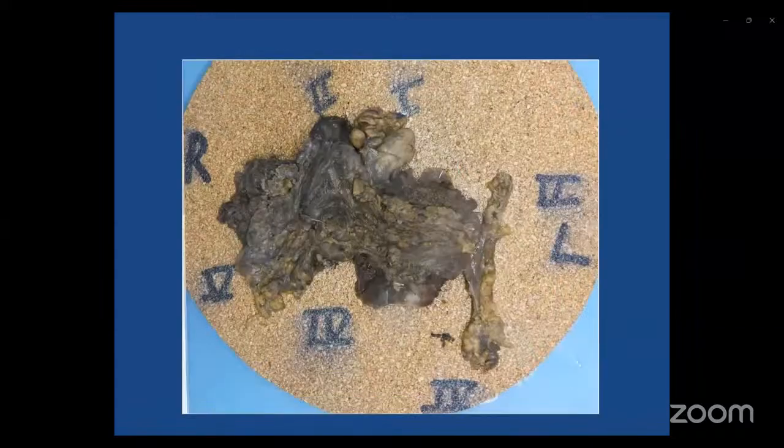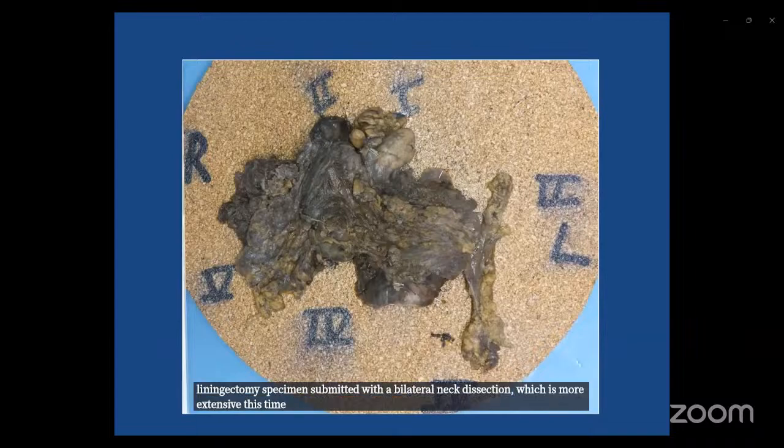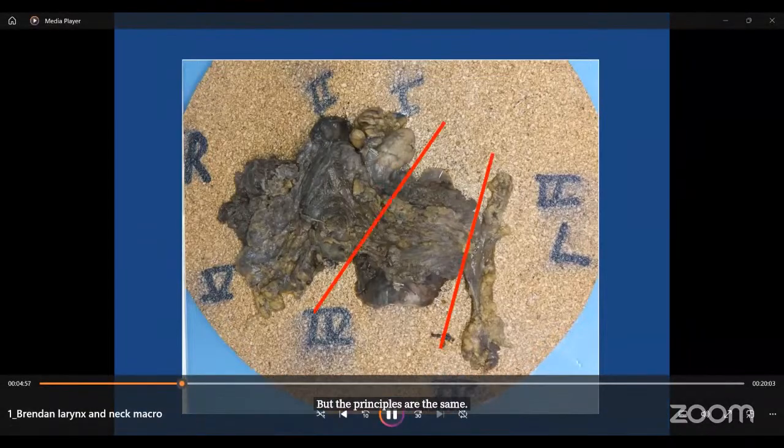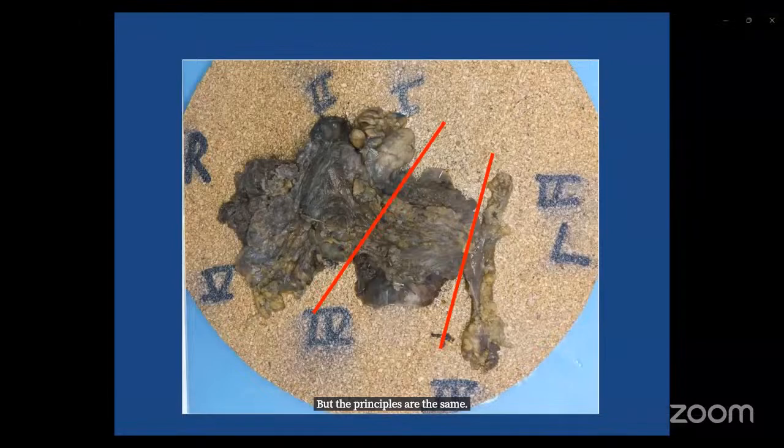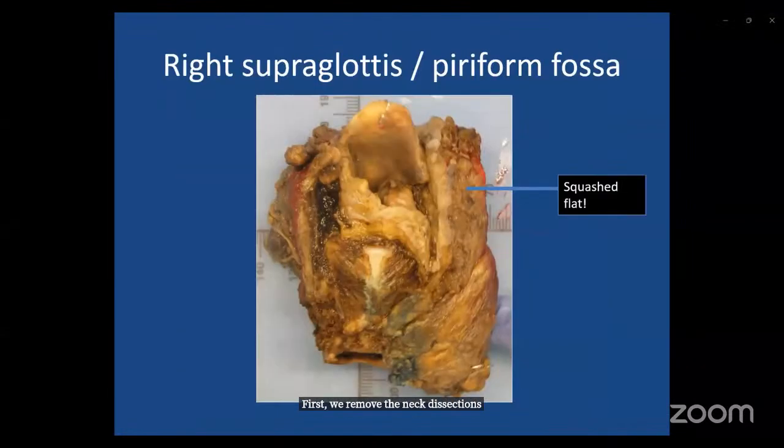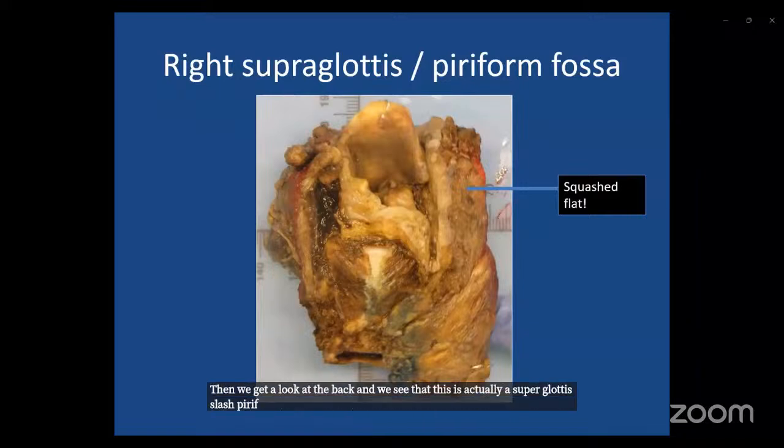Here is another example of a laryngectomy specimen submitted with a bilateral neck dissection, which is more extensive this time, but the principles are the same. First we remove the neck dissections, then we get a look at the back and we see that this is actually a supraglottis / piriform fossa excision.